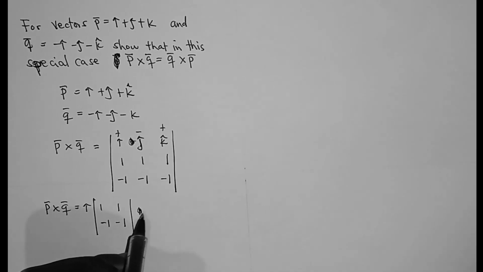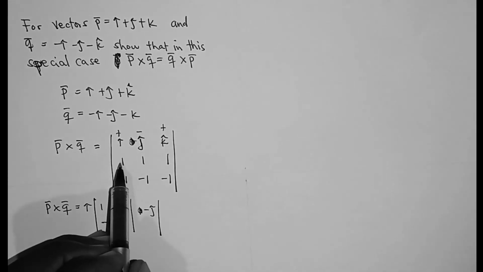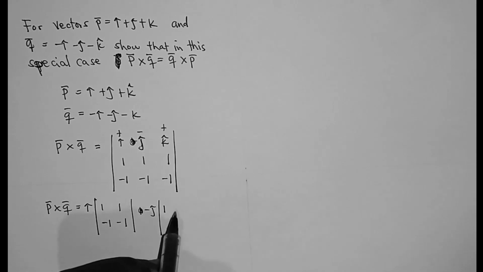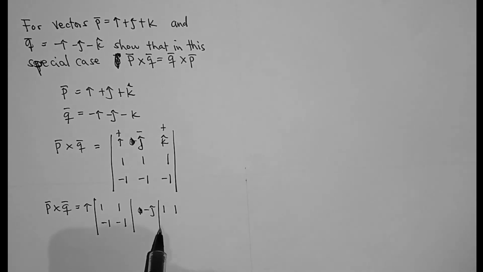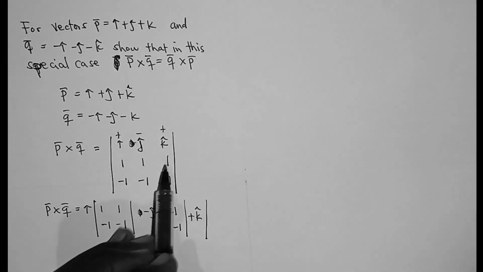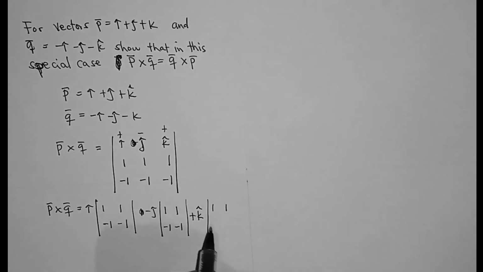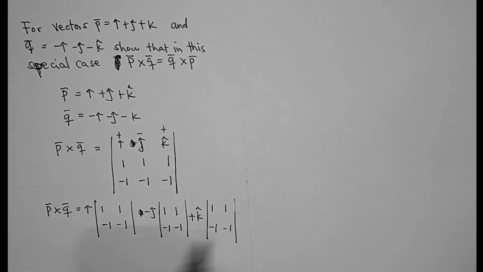Then minus j, and you cancel the row and column of j. The 2 by 2 matrix left is 1, 1, then minus 1, minus 1. Then plus k. The 2 by 2 matrix that is left is 1, 1, minus 1, minus 1.